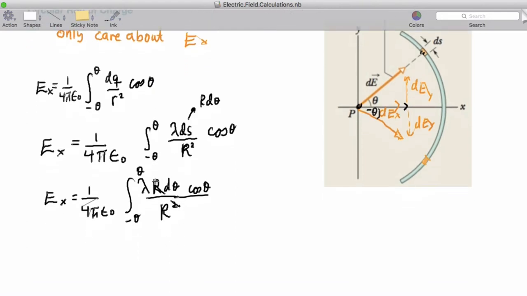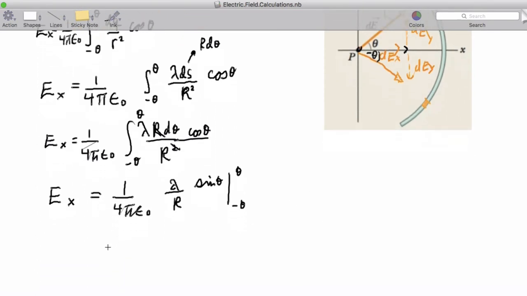When we integrate cosine of theta d theta, we're going to end up getting Ex equals 1 over 4 pi epsilon naught times lambda over r sine of theta from negative theta to positive theta.